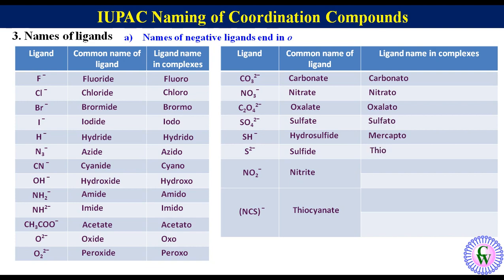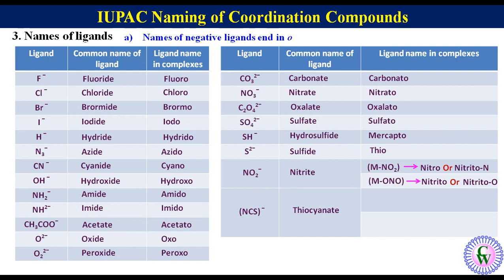Nitrite can be bonded to the metal either through nitrogen or through oxygen. If it is linked through nitrogen, then it is called nitro or nitrito-N. And if it is linked through oxygen, then it is called nitrito or nitrito-O.